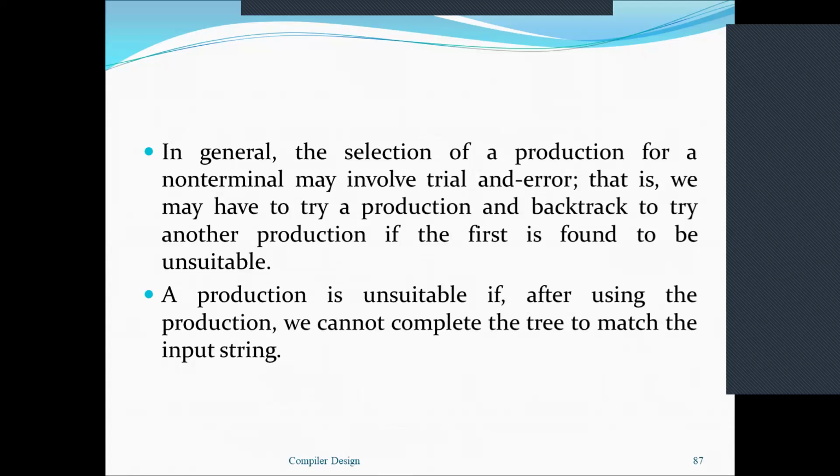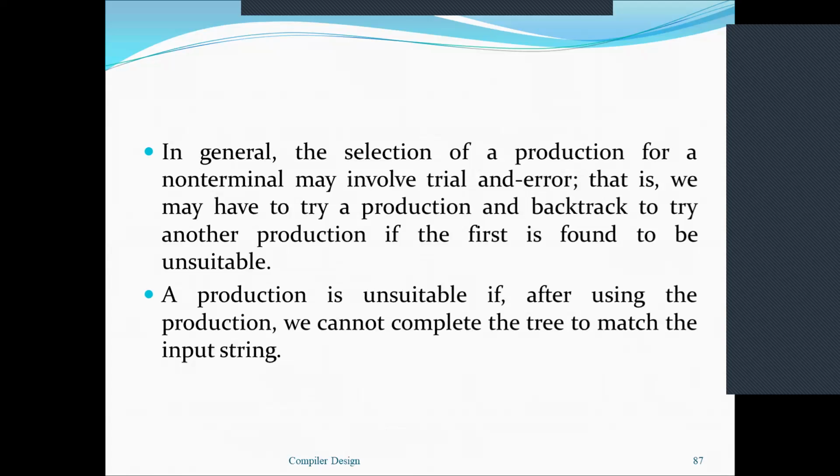In general, the selection of a production for a non-terminal may involve trial and error. That is, we may have to try a production and backtrack to try another production if the first is found to be unsuitable. As we discussed, if there is a mismatch between the production and your parse tree, it has to backtrack to check whether there is any error or not.